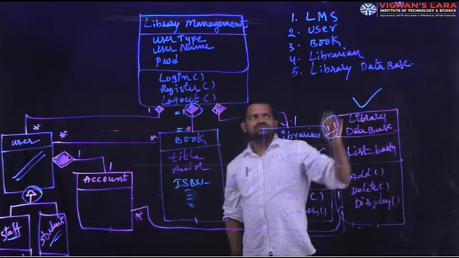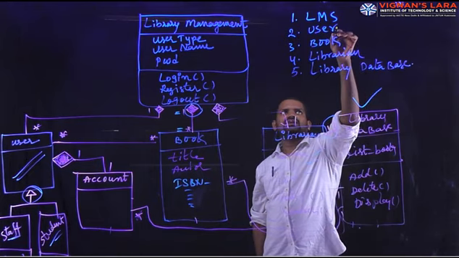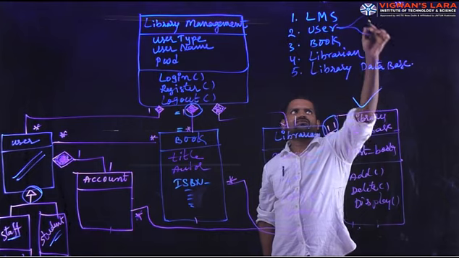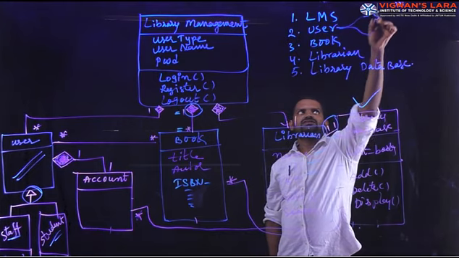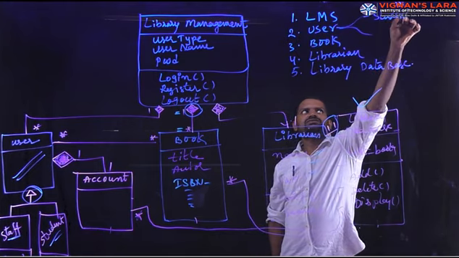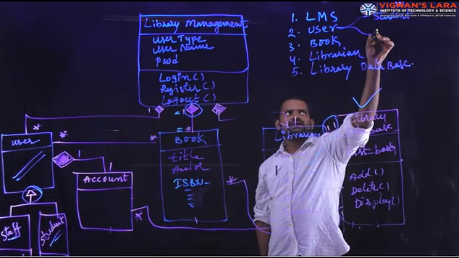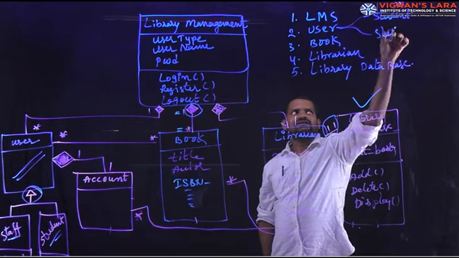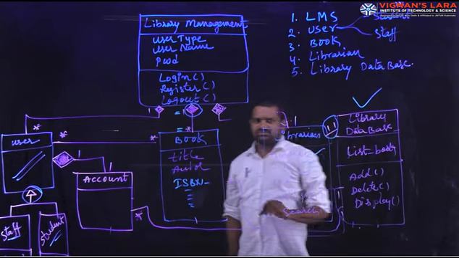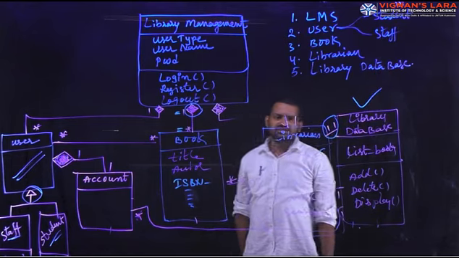In the user class, you may observe the users are of two kinds. Student is one user, and staff is another user.